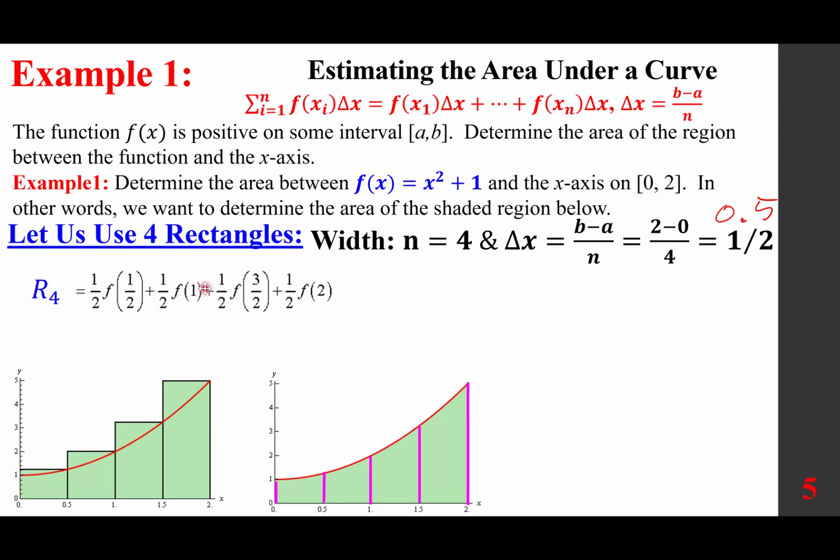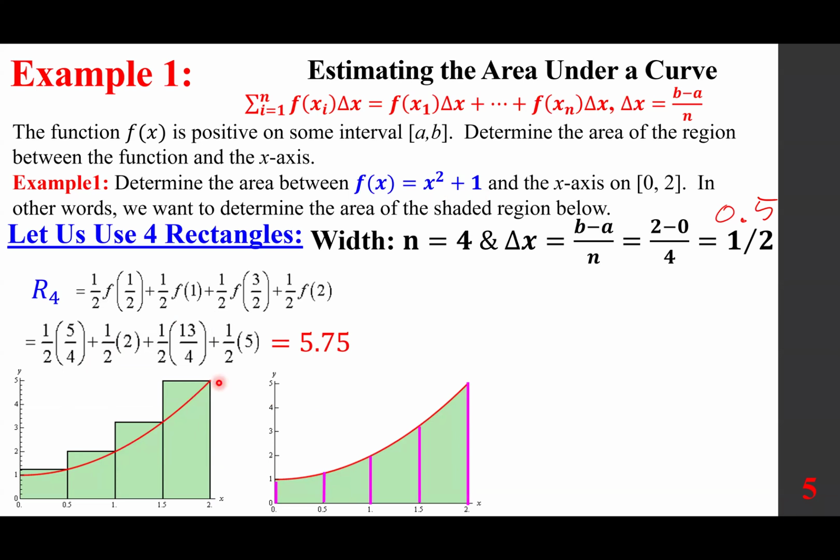What if I choose 1? 1 squared and 1 gives me 2. 3/2 squared is 9/4 and 1, 13 over 4. 2 squared is 4 and 1 is 5. This is what we get. Or you can just factor out the 1/2. And when we add them up, we get 5.75.